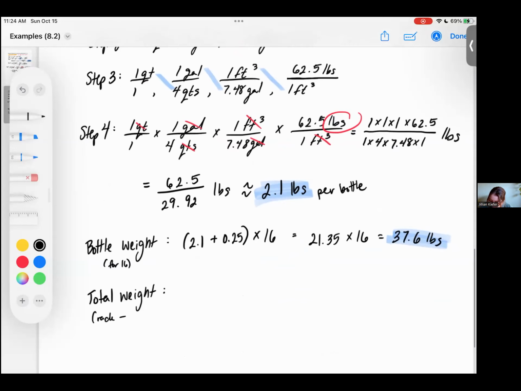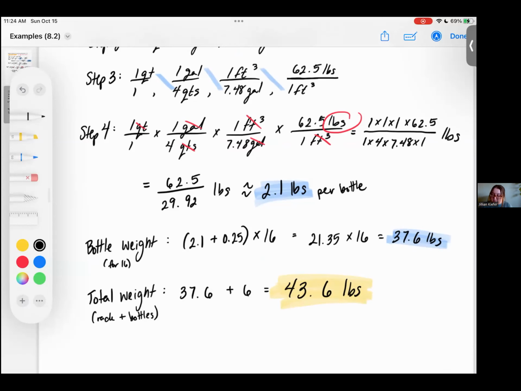This will be the rack plus the bottles: 37.6 pounds of the bottles plus the 6 pounds of the rack, giving us our value of 43.6 pounds. And that's how much the total weight of the rack will be.